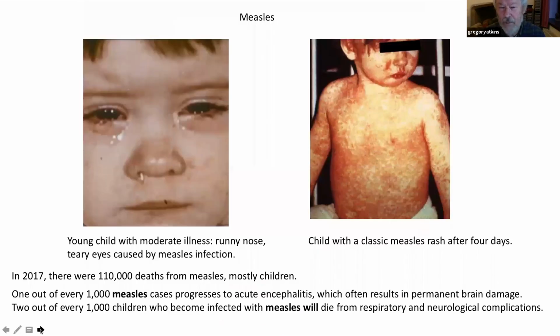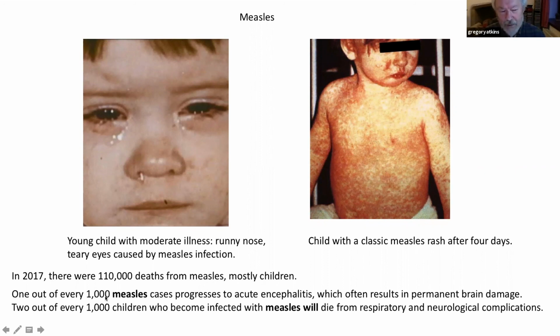Just a quick word about measles virus. Measles virus was once a very common disease. People think it's a mild childhood infection, but in fact, that's not really the case. In 2017, which is the last year I could find statistics on this, there were 110,000 deaths from measles virus in the world, and these are mostly children.